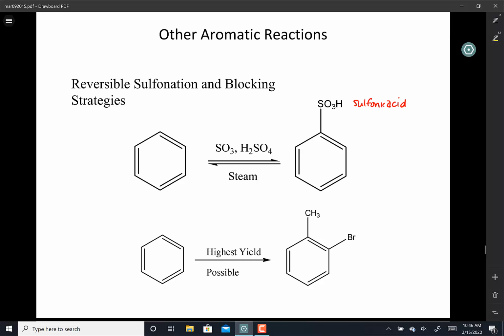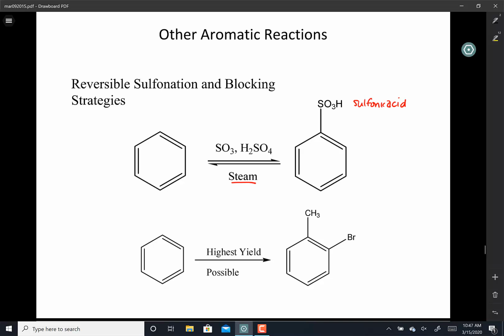So you could add a sulfonic acid group to the ring and then remove it using steam. Why would you want to do that? Well, this leads to what are called blocking strategies.